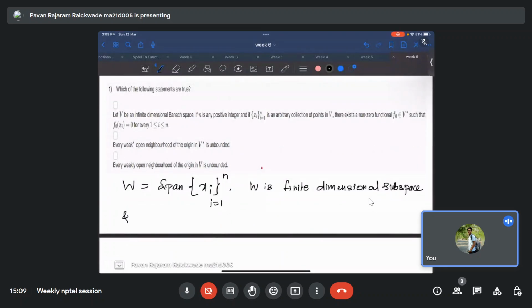Now if you take any x naught belonging to the whole space V minus W, because V is infinite dimensional, W has to be a proper subspace.